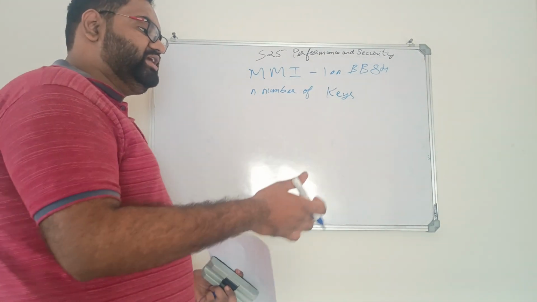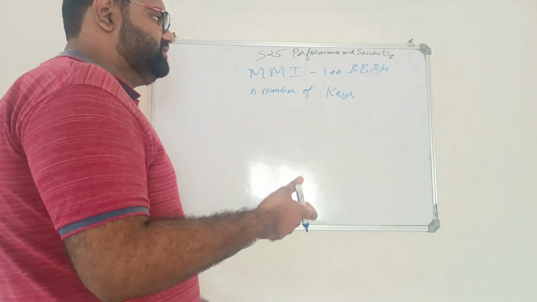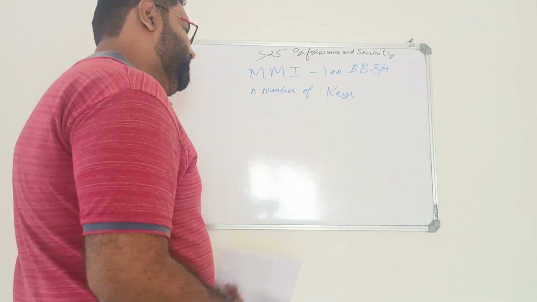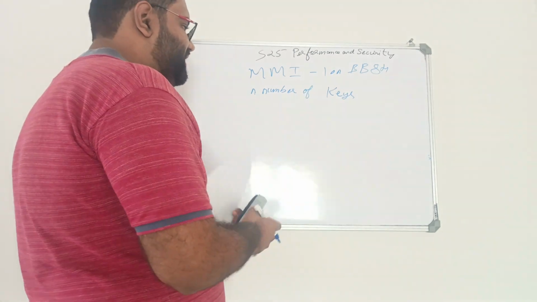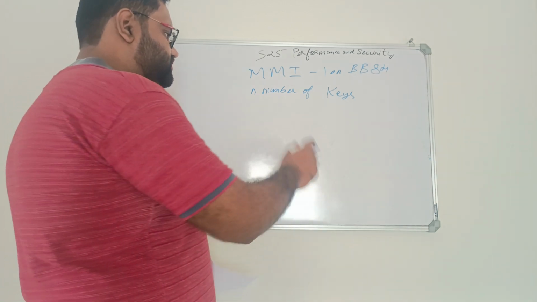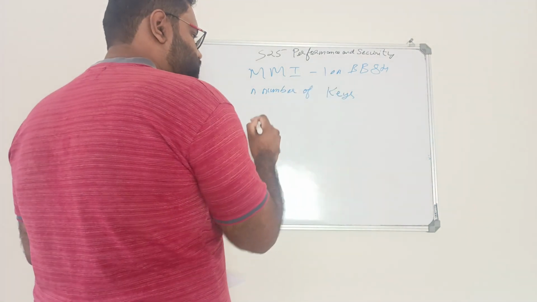And of course, if the error happens on the bit we reject, then it's not going to be looking good for BB84. So let's assume that there are n number of keys, and then we apply the correction bias and everything. So MMI minus 1 on n.